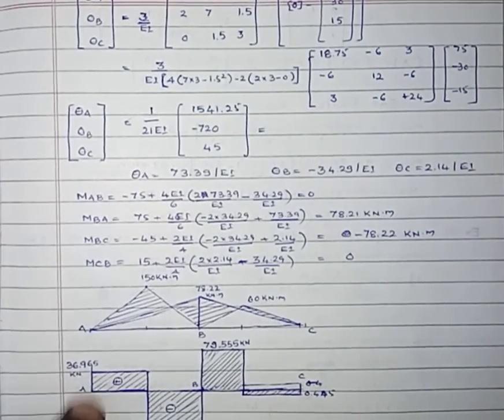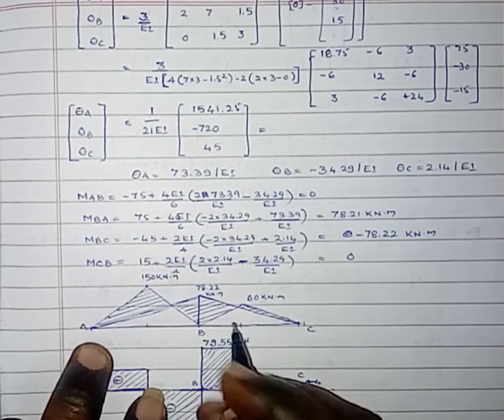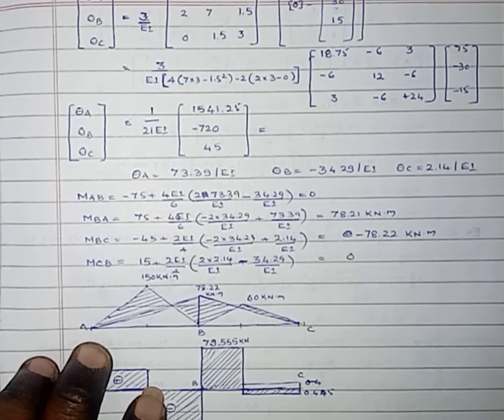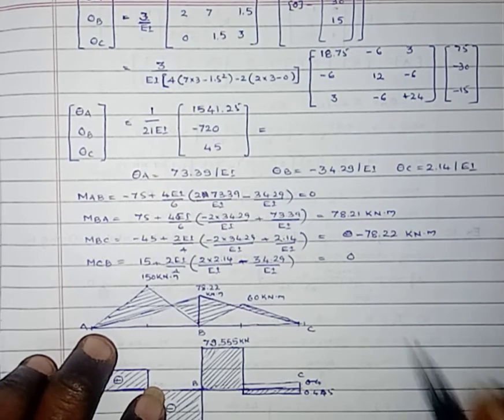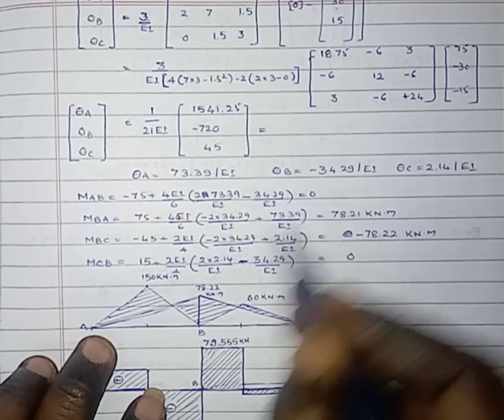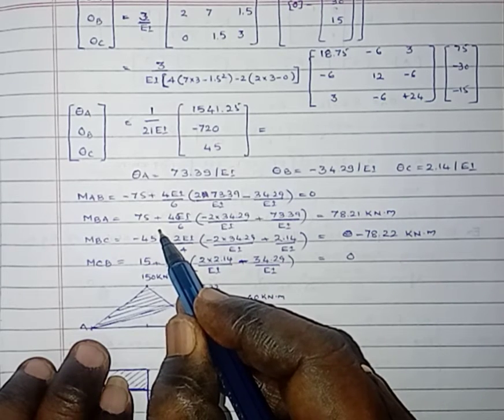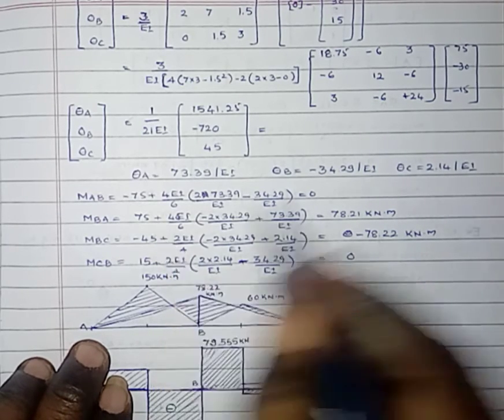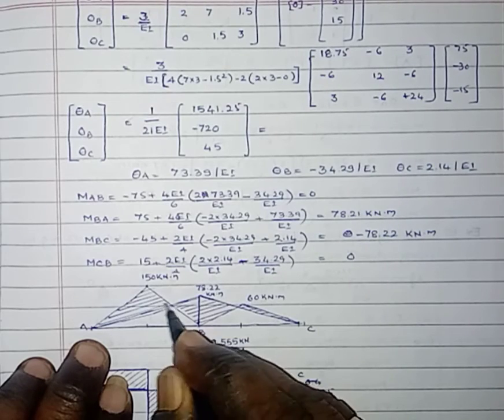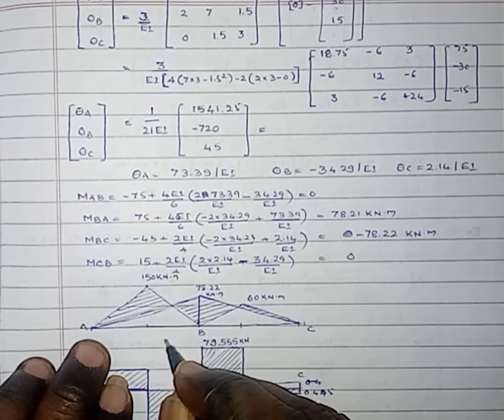Here span AB is subjected to a point load of 100 kilonewton at center. The support moment MAB is 0. MBA is clockwise, and by observing that, it is hogging.